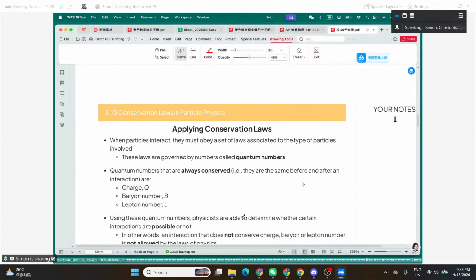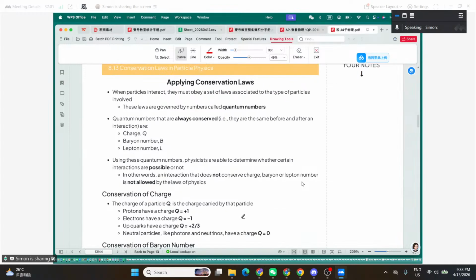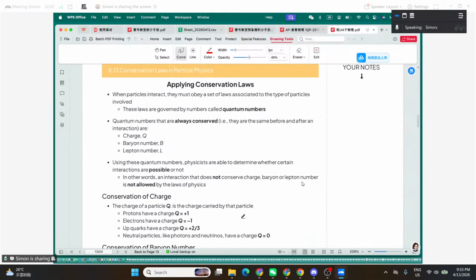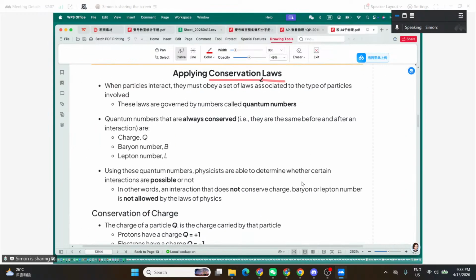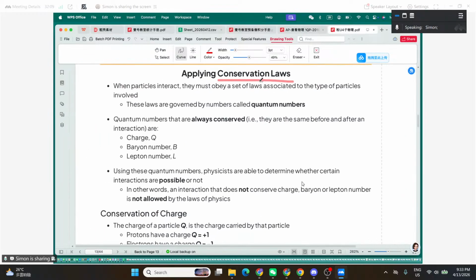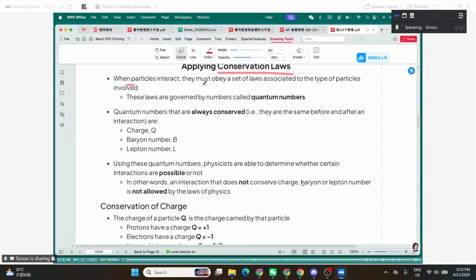And look at this one. Here we will use the conservation laws in particle physics. The first one is the charge conservation. If we want to know whether an equation is correct or not, we consider the charges: positive one, negative one, and two-thirds.